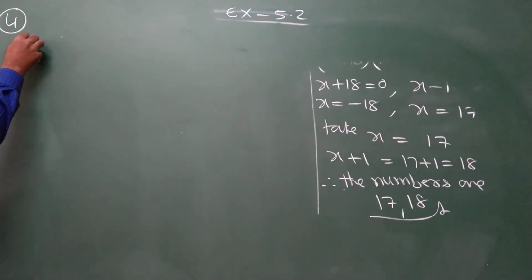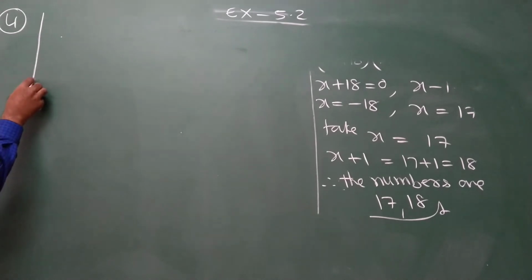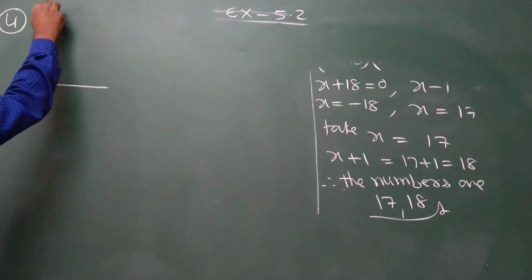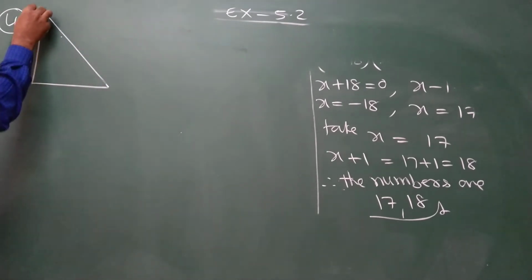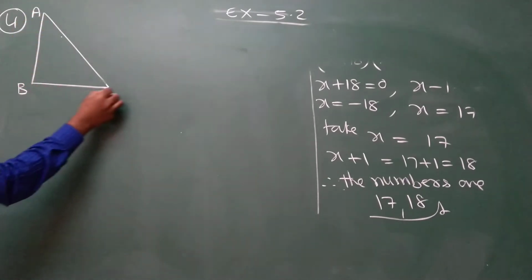Seventh question, this is a right angle triangle. The problem deals with the right angle triangle.